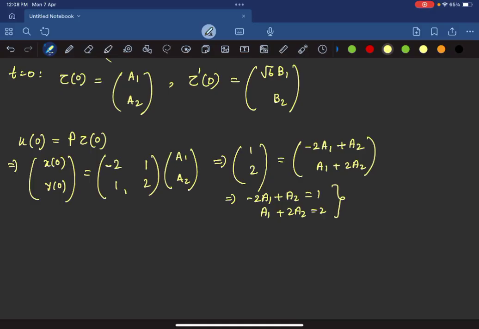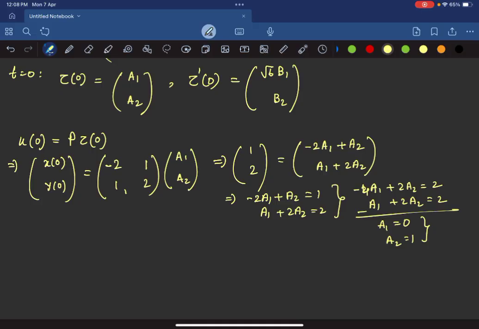So minus 4a1 plus 2a2 is equal with 2. Here you are getting a1 plus 2a2 is equal with 2. Just do the subtraction, you will be getting a1 is equal with 0. So a2 is equal with 1. So these are a1 and a2 values.